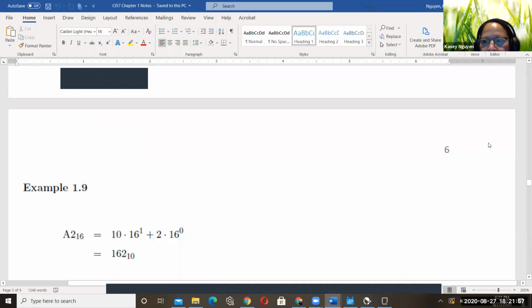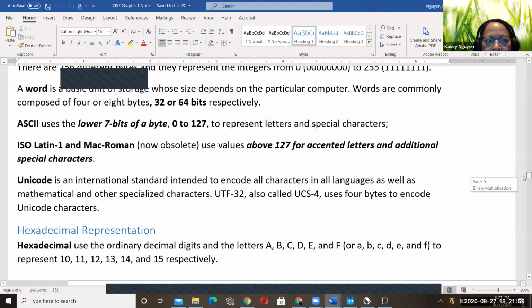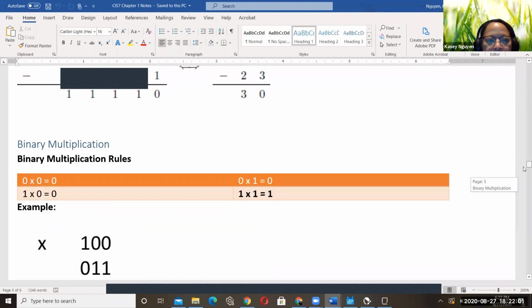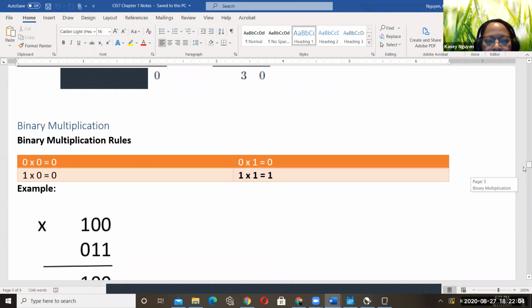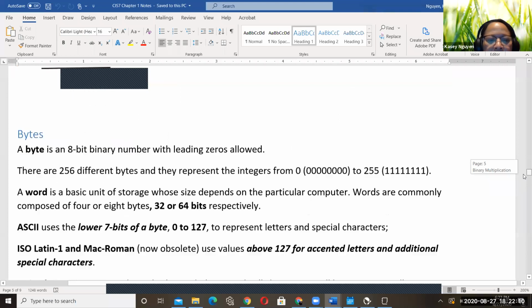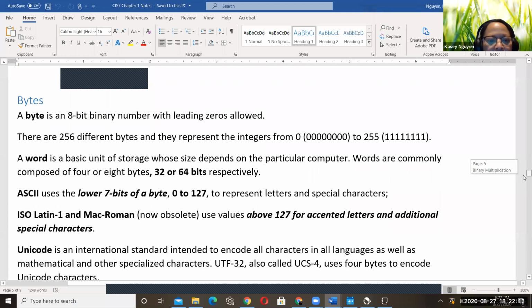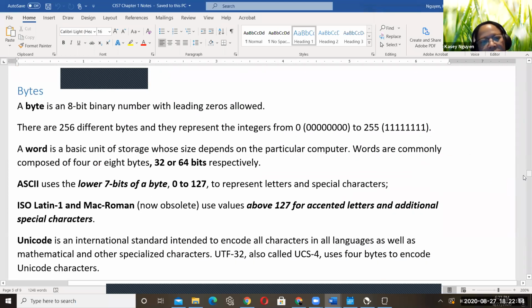Okay, so some of this information is also in the notes for chapter 1, on page 5. You see the same example here. I want to point this out as we touched on this before on Tuesday. So we know that a byte is 8 bits in a binary number, and it can have leading 0s.